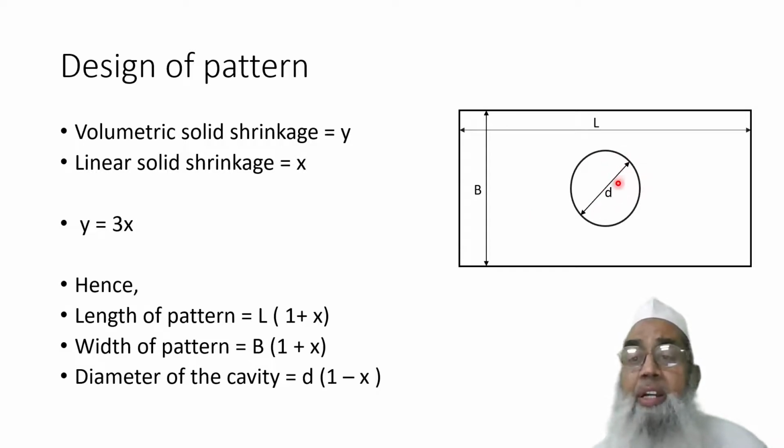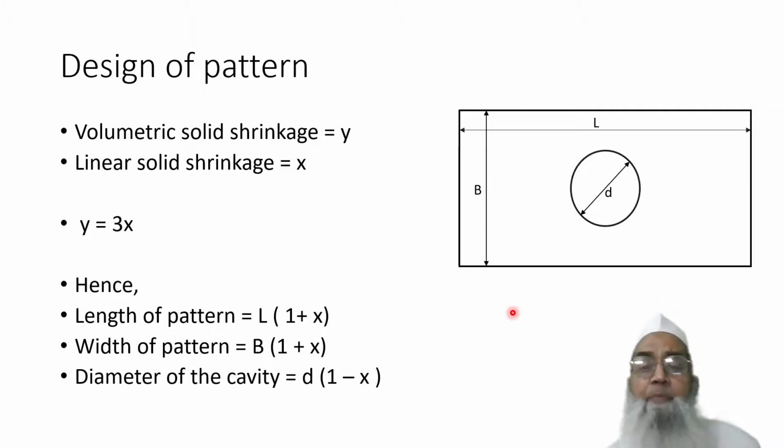The cavity won't shrink, but the metal will shrink, and therefore we have to give the diameter of the hole such that after shrinkage of the metal, the hole gives the size at room temperature.